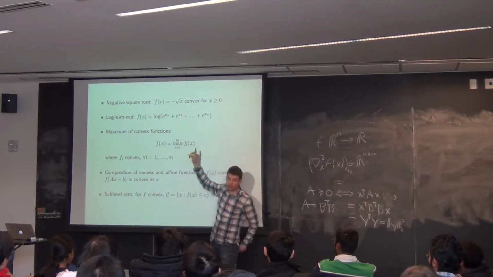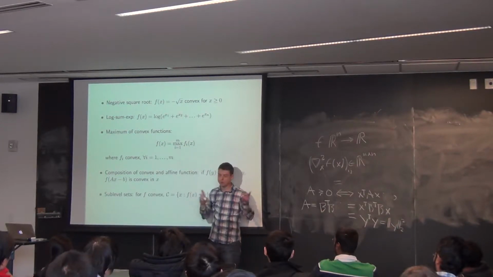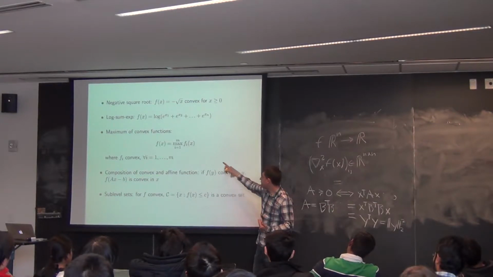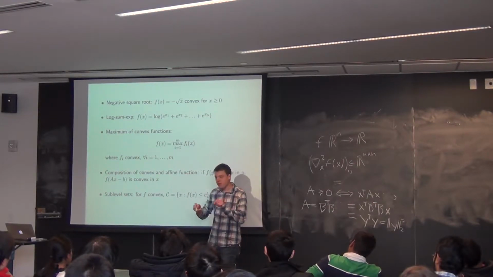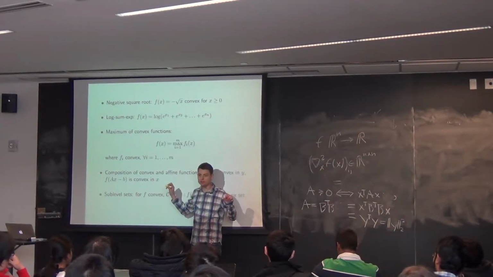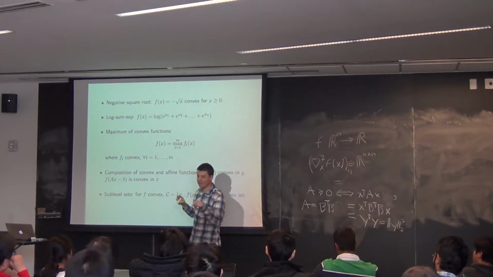Another kind of important general rule. So these are all sort of examples, but there's the one we had before of non-negative weighted sums. That's kind of a general rule. Another general rule is if you have a bunch of convex functions and take the maximum of those functions, meaning of all these ones, you take whichever one has the biggest value.